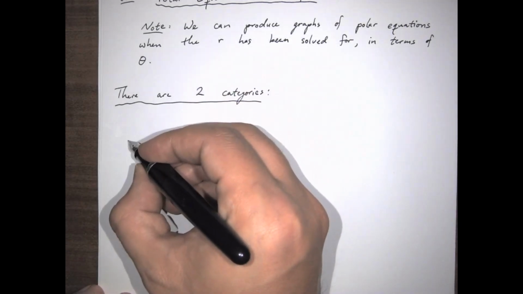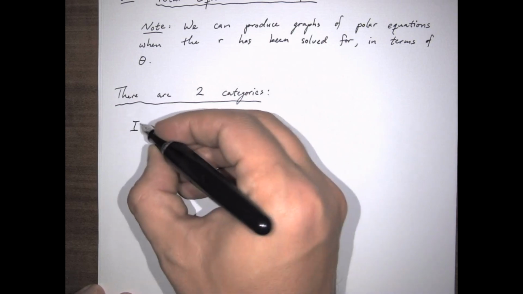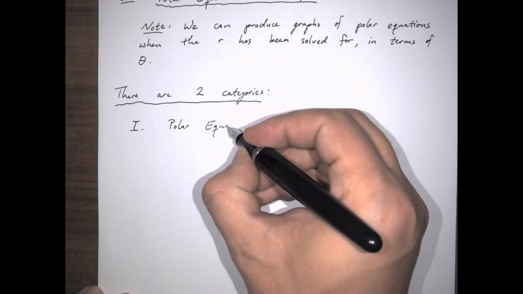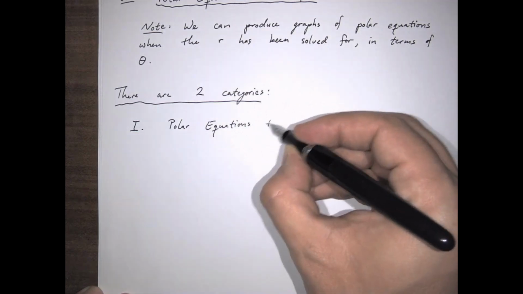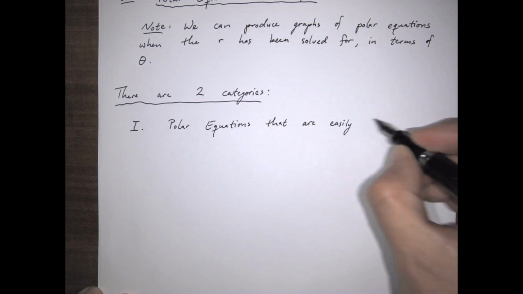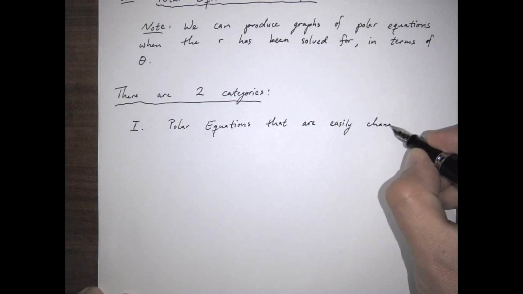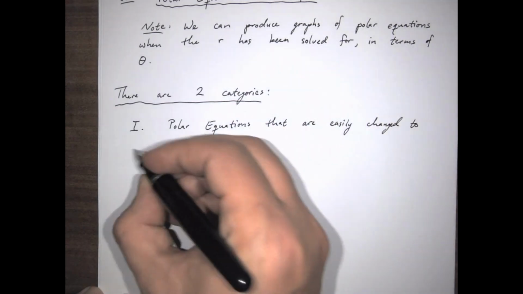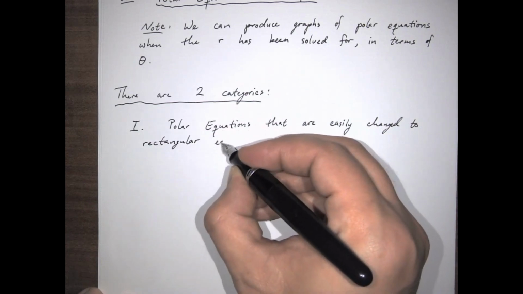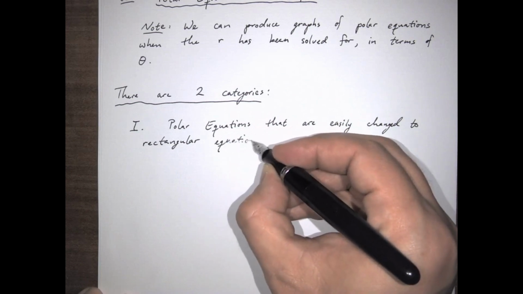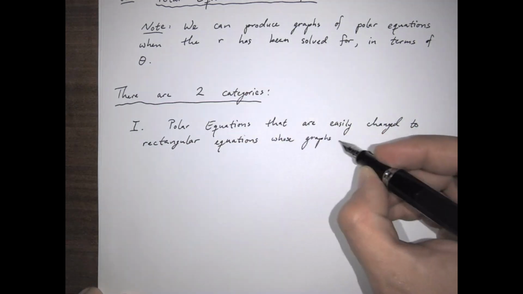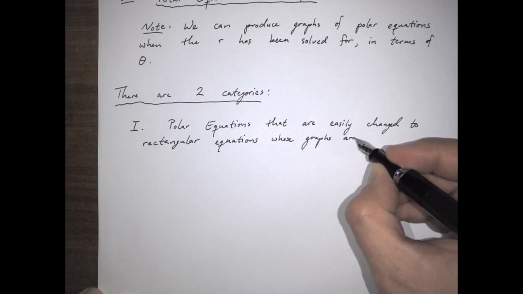So the first category is 1, polar equations that are easily changed to rectangular equations whose graphs are obvious.